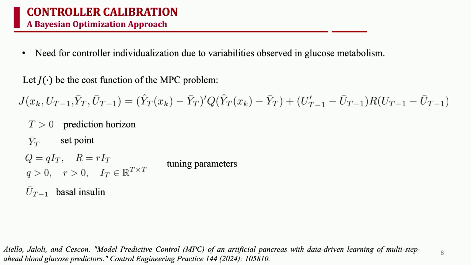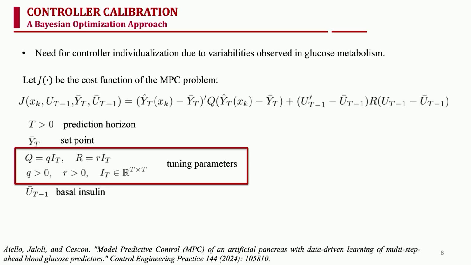We have a term here which is penalizing the deviation of my prediction, y hat, from the reference, from the set point, y bar, through a parameter q. And then we also penalize the control input, so the difference of the next input from some basal, let's say, through a variable r. So by tuning these two parameters, we can have control of how aggressive and how loose we are in the insulin delivery.